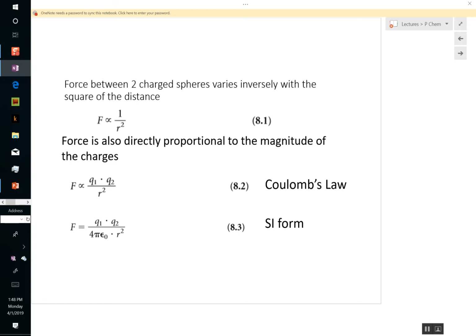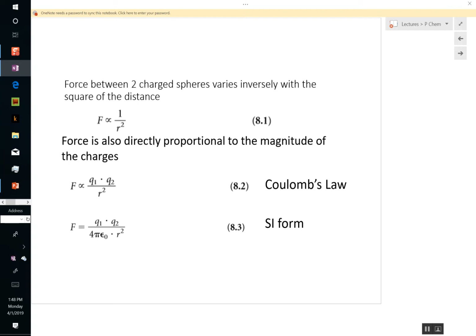And you move from here, you can get it into an equality by introducing this permittivity. Epsilon naught is the permittivity of free space, a number. And it gets you into a force that's in SI units.